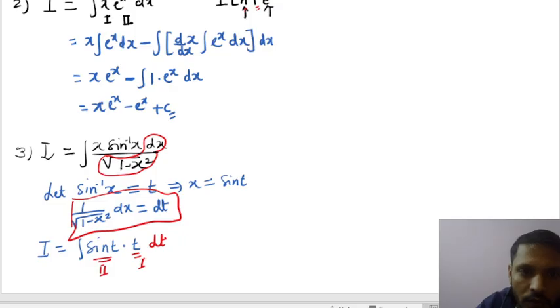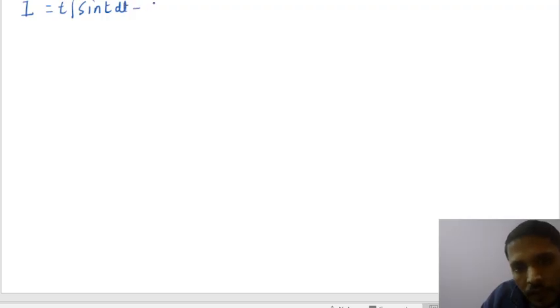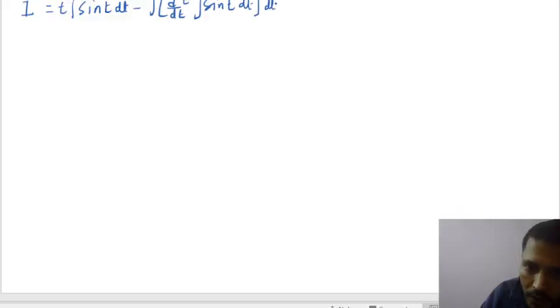Integration I is equal to t outside times integration of sin t with respect to dt, minus integration of the derivative of the first function, d/dt of t, times the integration of the second function, sin t, dt, bracket close, and then multiply with dt.